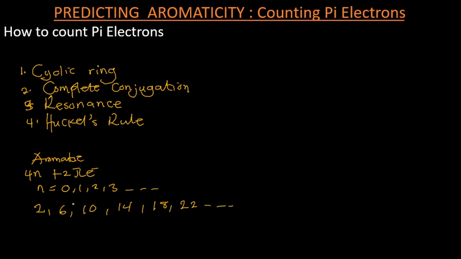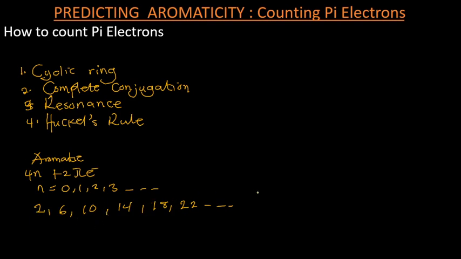We're going to be having these numbers of pi electrons in different compounds that are going to be aromatic. So if you are given a compound and you count the number of pi electrons in there and it is equal to any of these, we can conclude that that compound is aromatic.